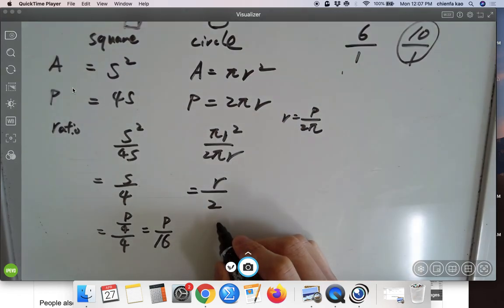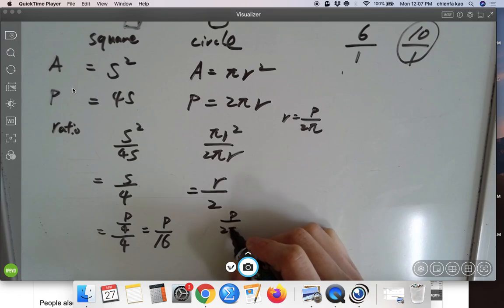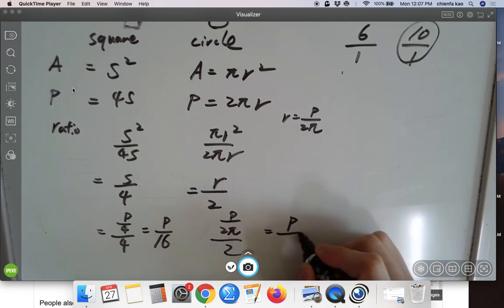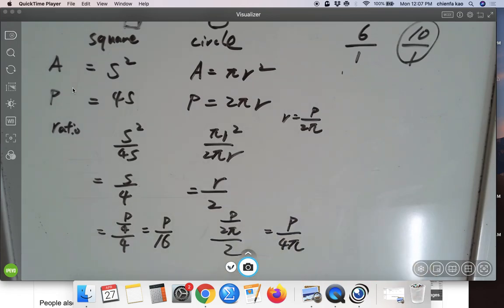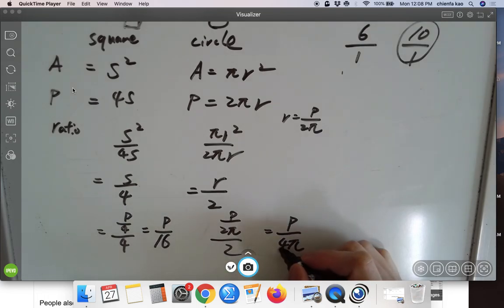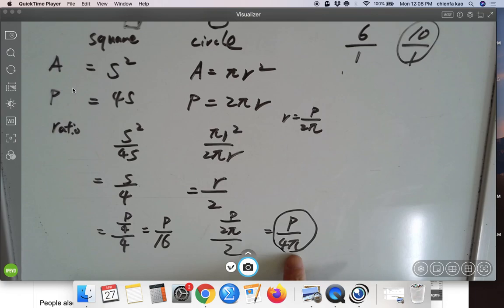So this thing becomes P over 2 pi divided by 2, which is P over 4 pi. All right, now let's take a look. Which one is a bigger value? Obviously this one, right? This is 3.14, so the denominator is about 12, and then this one is about 16. Same number divided by 16 versus same number divided by 12. Which number is bigger? It's this one.